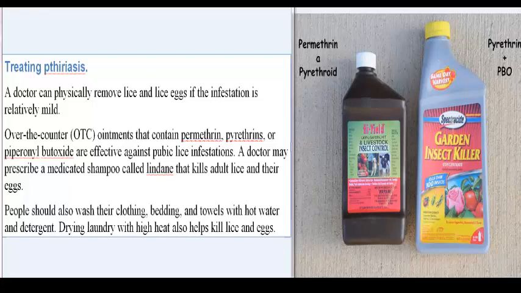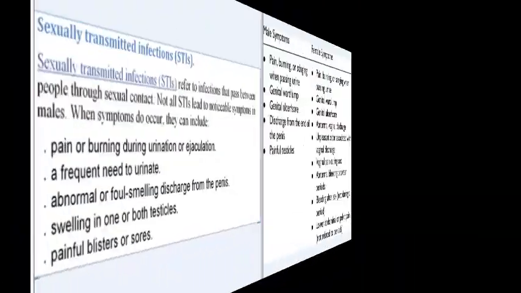Over-the-counter, OTC, ointments that contain permethrin, pyrethrins, or piperonyl butoxide are effective against pubic lice infestations. A doctor may prescribe a medicated shampoo called lindane that kills adult lice and their eggs. People should also wash their clothing, bedding, and towels with hot water and detergent. Drying laundry with high heat also helps kill lice and eggs.